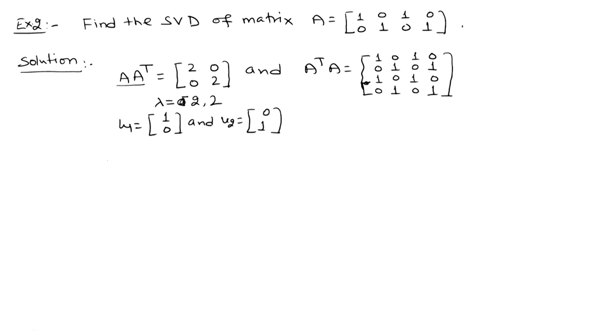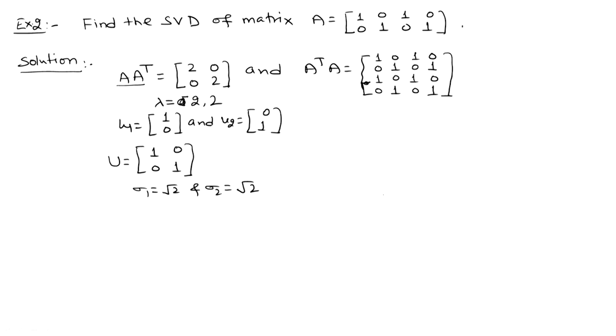So, here my matrix U comes out to be 1 0 0 1. Now, my sigma 1 will become root 2 and sigma 2 also becomes root 2, because they are the square roots of the eigenvalues of A into A transpose.